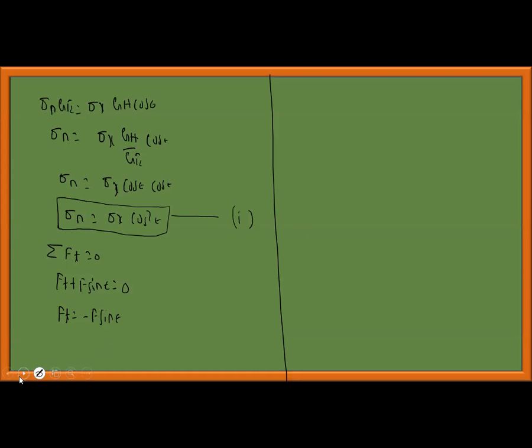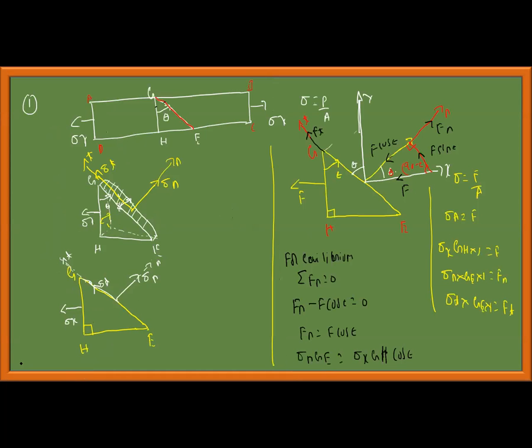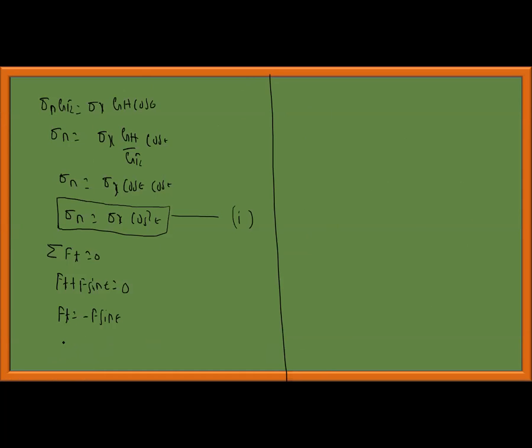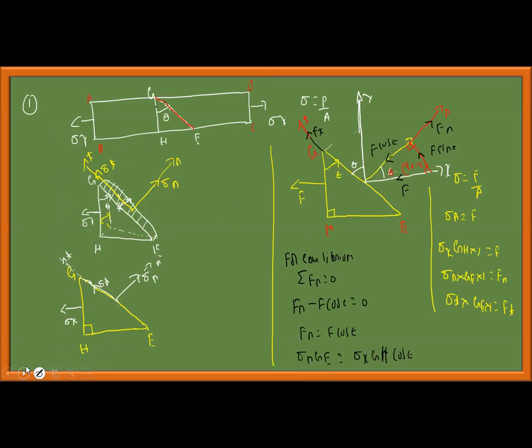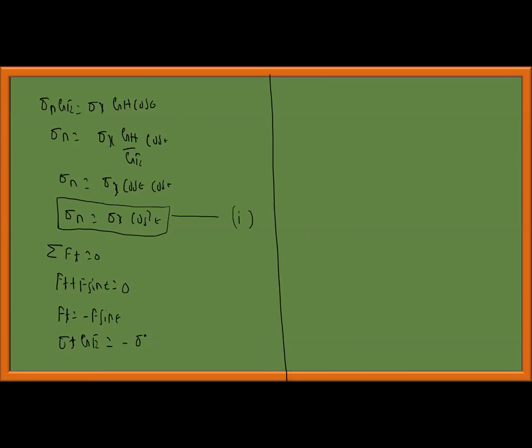F of t is equal to sigma t into G E. So sigma t into G E is equal to minus F, which is sigma x into G H sin theta. Or sigma t is equal to minus sigma x G H by G E sin theta. Sigma t is nothing but the tangential stress.